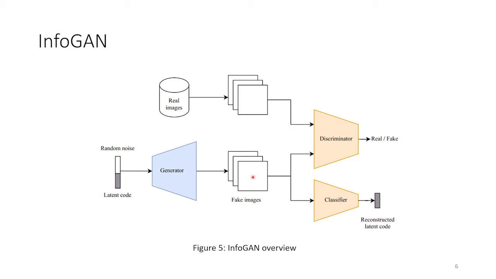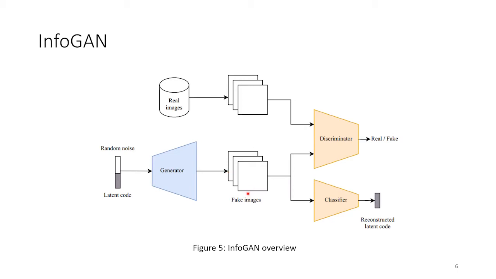So training the generator, the discriminator, and this classifier makes the generator learn to understand meaningful features of images.